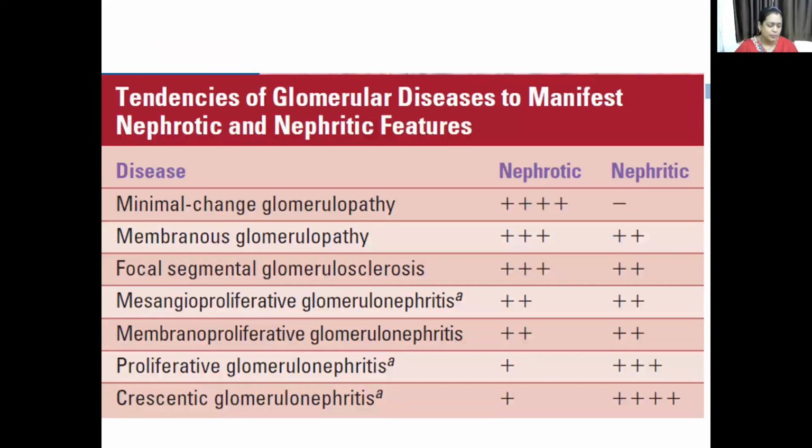Okay, so before going to the actual topic of today, that is the tendencies, how they manifest and all, I would also like to tell you that there will be some kind of progression that can happen once there is a renal glomerular injury. How is this progression happening?